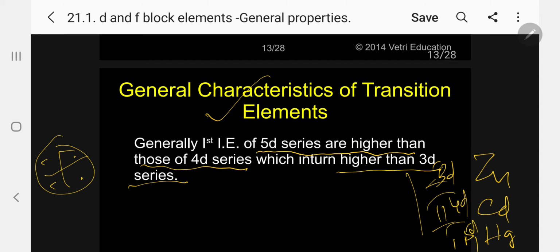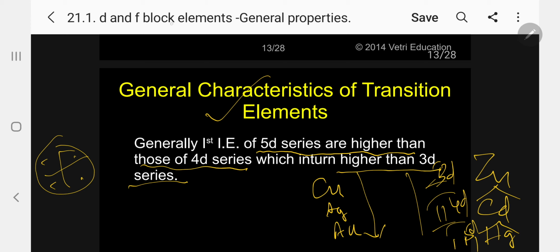The 5d series is higher than 4d, which is higher than 3d. In the same way, copper, silver, gold, again correspondingly 3d, 4d, 5d.